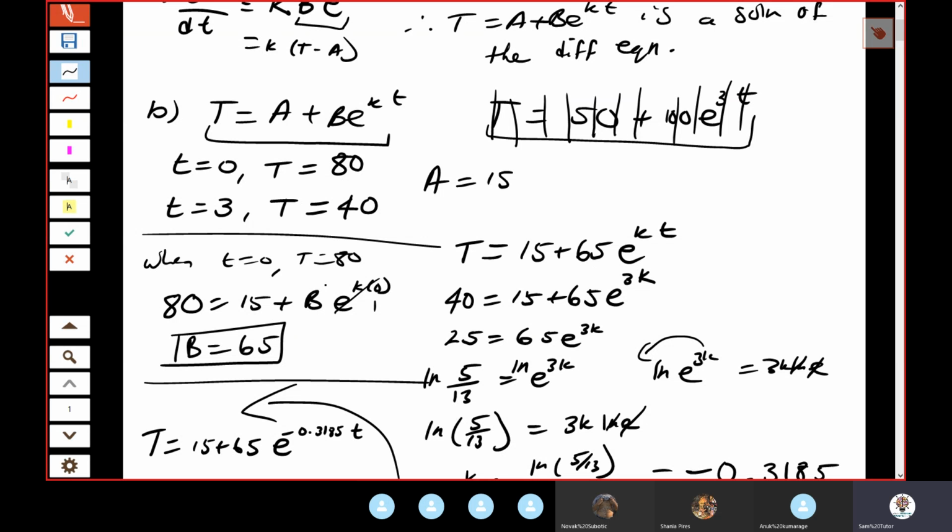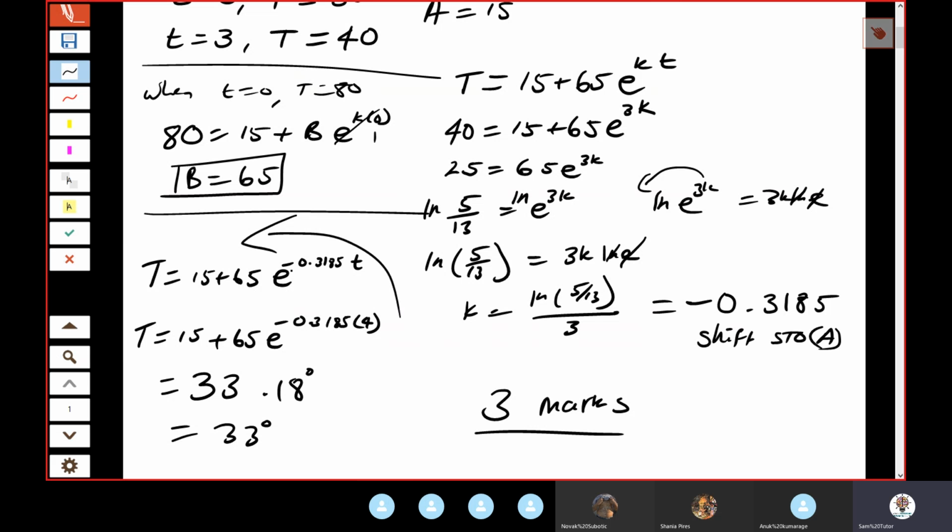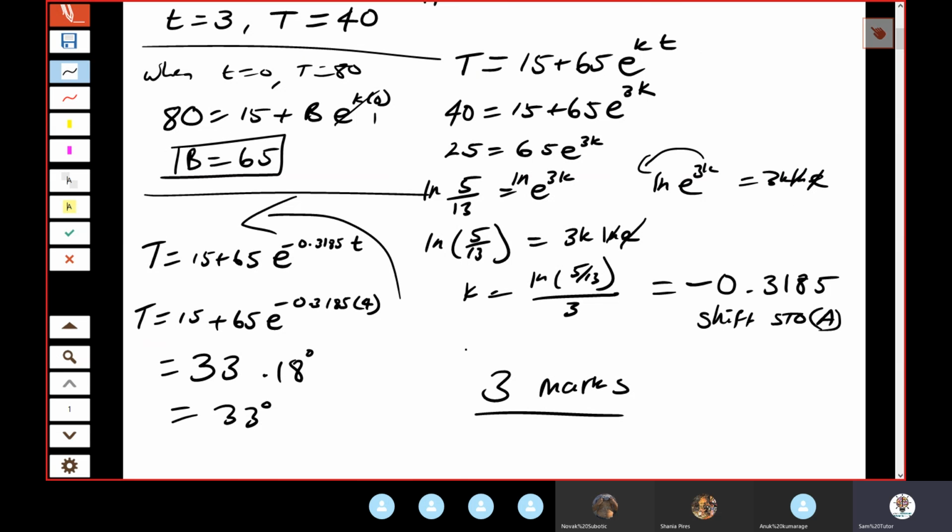I solve for k with the second condition. Once I've solved for k, I now have an expression with time and temperature, and then whatever they wanted to find: if you're solving for time, they'll give you temperature, or if you're solving for temperature, they will give you time. All right, any questions? You must be able to execute that.